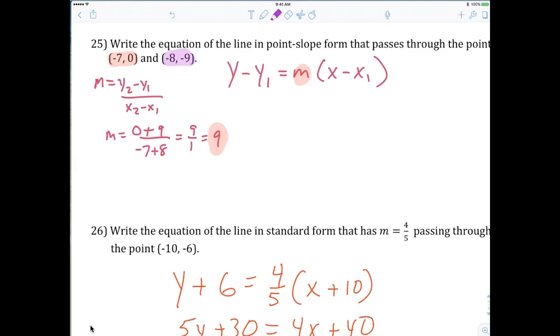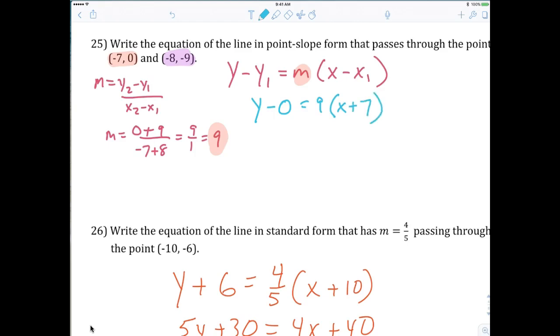I'm going to write both answers. But someone said yesterday, well, what if I did this one? It doesn't matter. It's the same answer. Point slope. Here we go. Now, the first answer is y minus 0, even though that looks silly, right? Equals 9 times x plus 7.